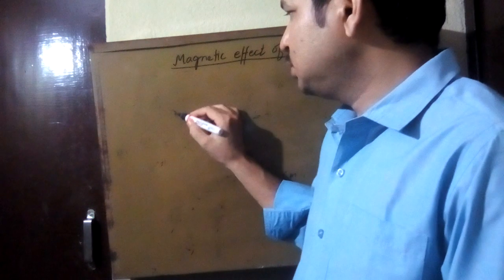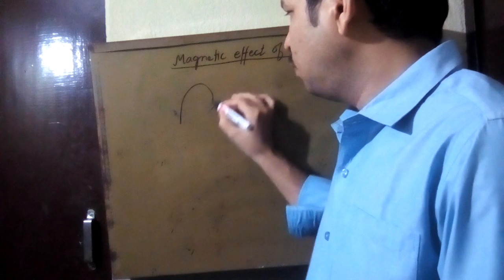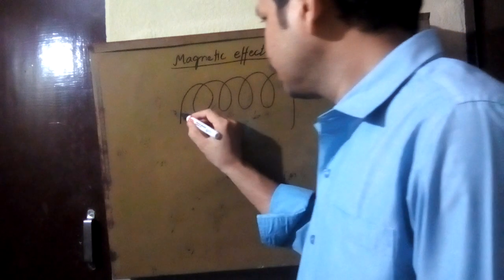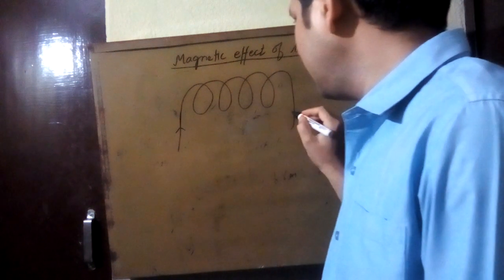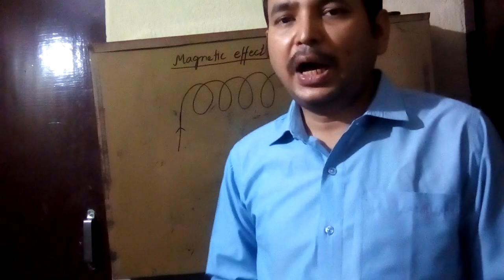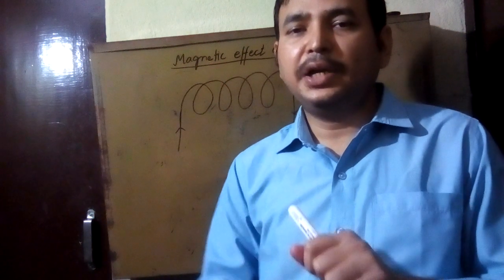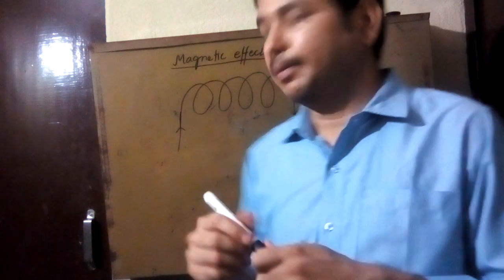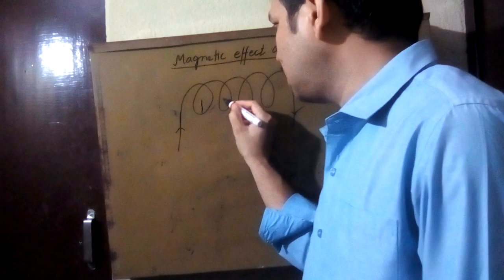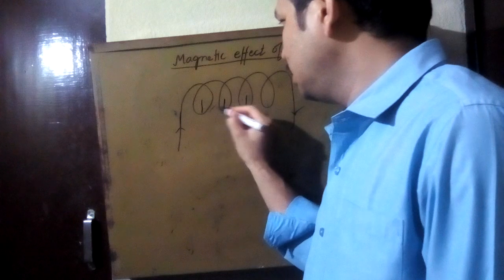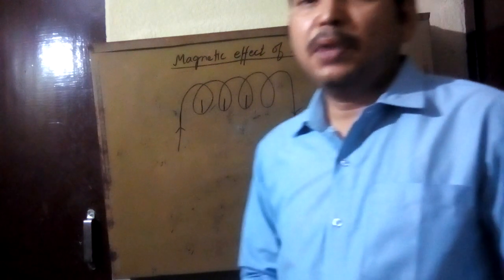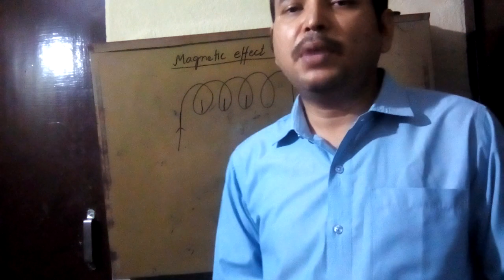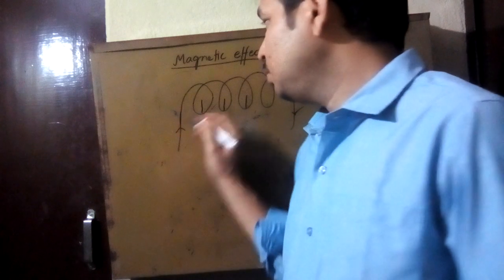Solenoid, you can see, suppose a current carrying coil you are folding like this. Suppose current is entering here and leaving here. When you fold the current carrying coil in this way, such that the radius of each circular coil is the same, and the number of turns, this is 1 turn, 2 turn, 3 turn, 4 turn, is very large as compared to the radius.